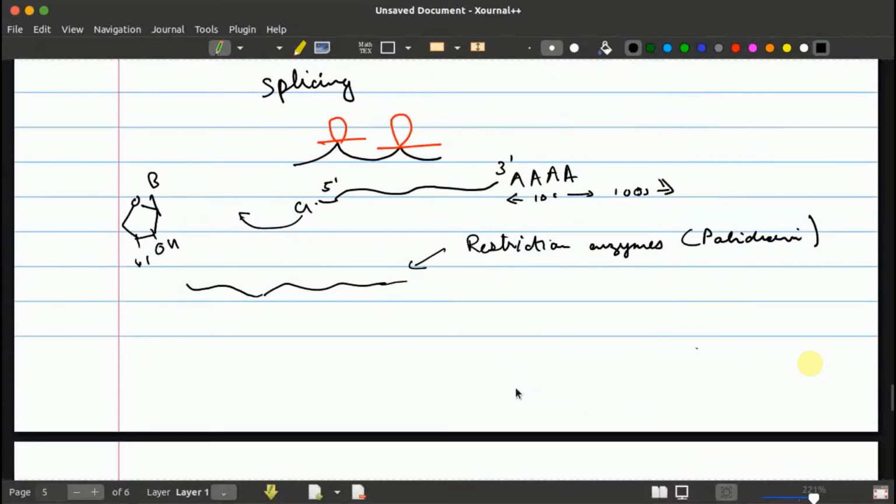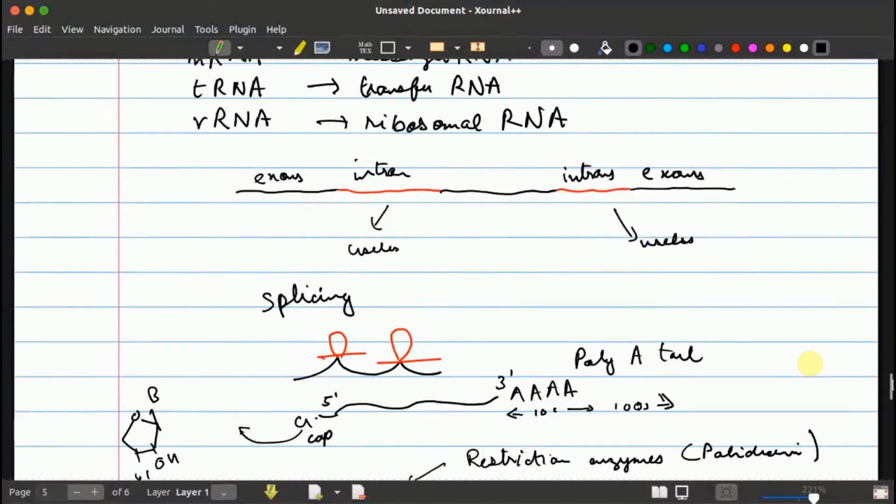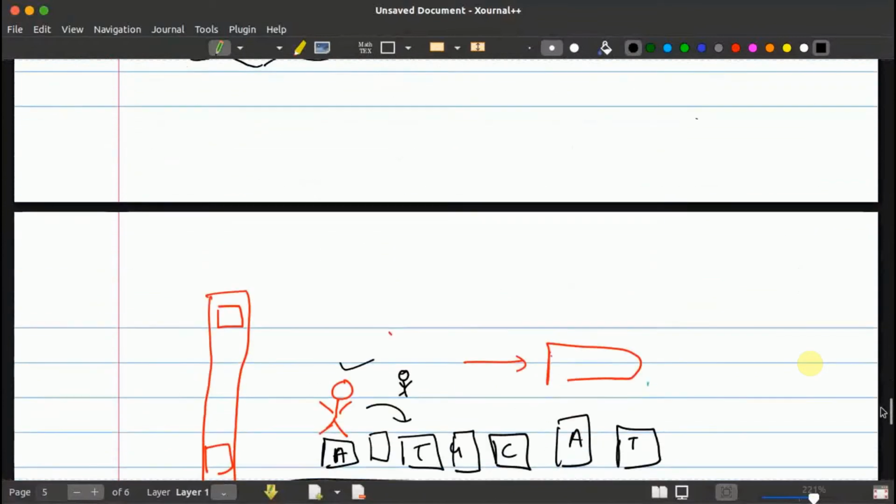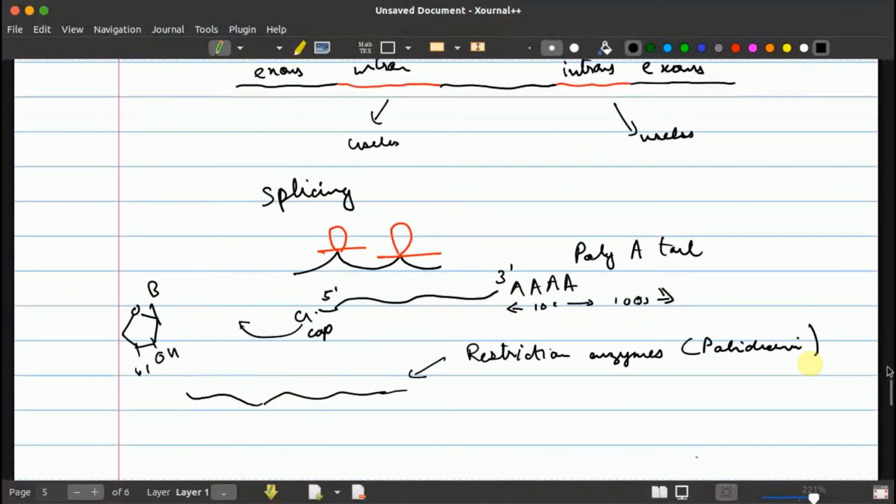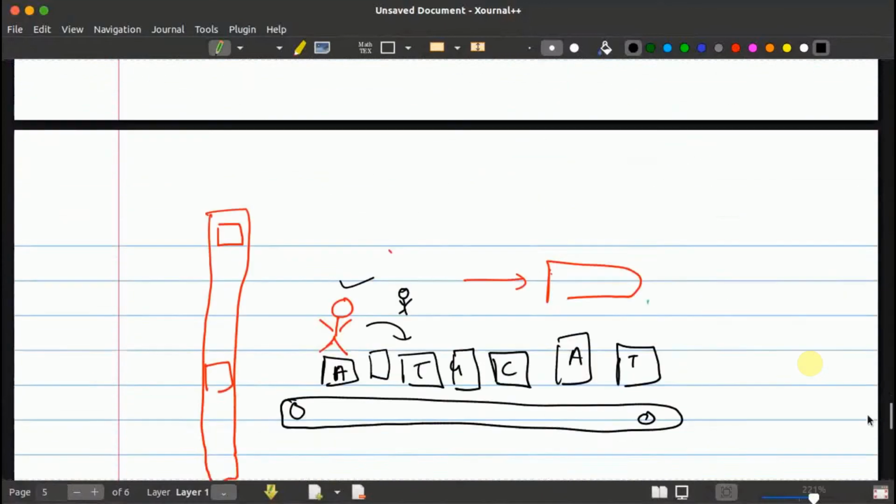So that is the role of restriction enzyme, and this is called the poly A tail. This is the G cap. The poly A tail prevents it from getting cut preemptively by restriction enzyme. You don't want it to be cut before it's expressed. So this sort of processing is done before your transcription process.